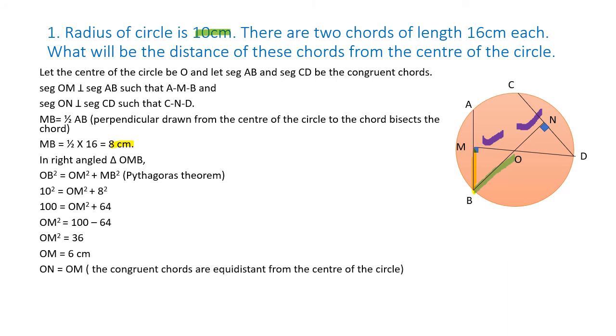So ON is equal to OM, because congruent chords are equidistant from the center of the circle. Since OM is 6 centimeter, ON is also 6 centimeter. Hence, finally, the distance of these chords from the center of the circle is 6 centimeter. Let us proceed ahead.